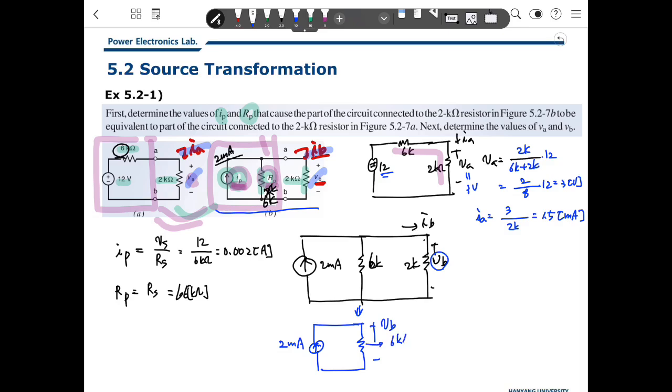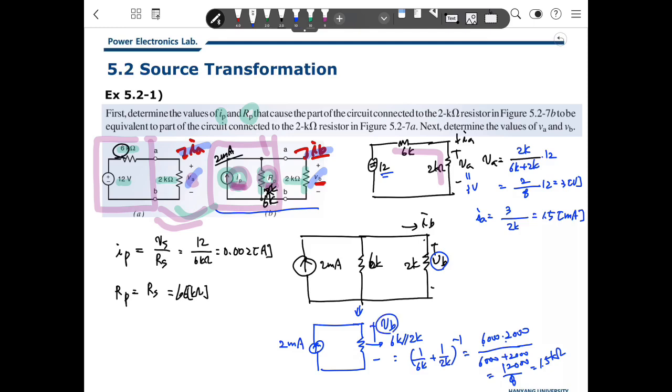That is 6 kilo ohm and 2 kilo ohm in parallel connection, so that will be 1.5 kilo ohm.